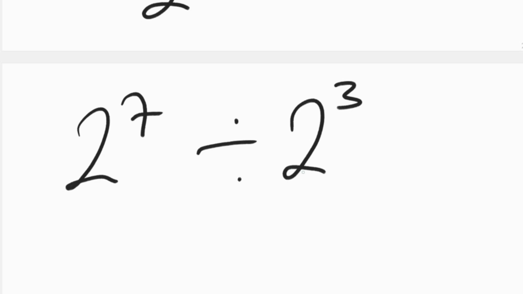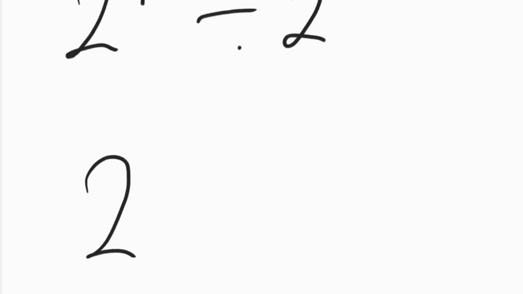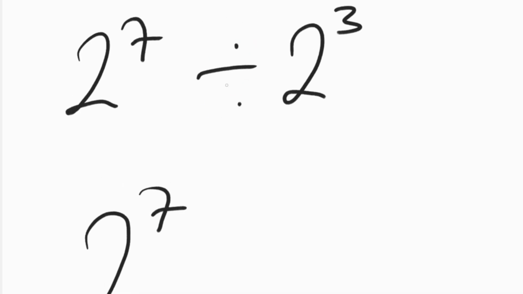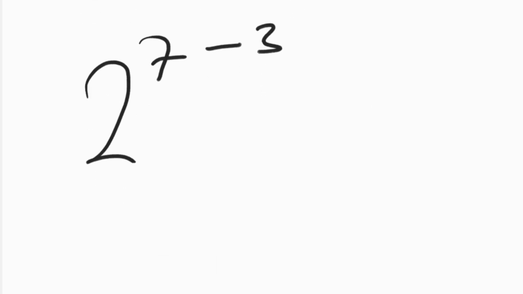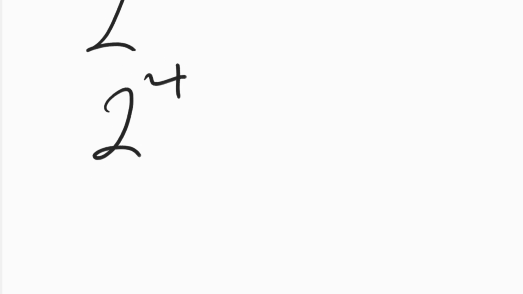So now I'm going to take one of the bases and subtract the power. I'm going to have 2 to the 7th power, and this is going to change to minus 3, right? So I'm going to have 2 to the power 7 minus 3, which gives 4.